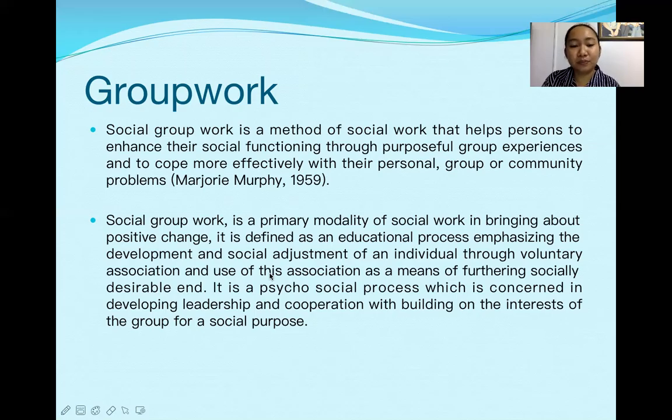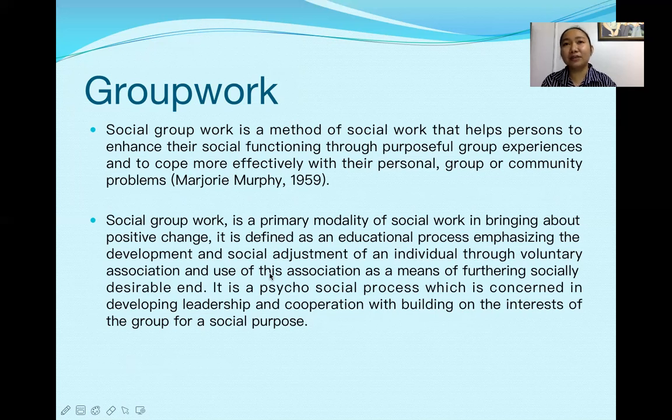Then social group work is also bringing out positive change. It is educational process. It would emphasize the development and the adjustment of an individual through voluntary association, because it would be really difficult if you would push individuals to be part of the group.